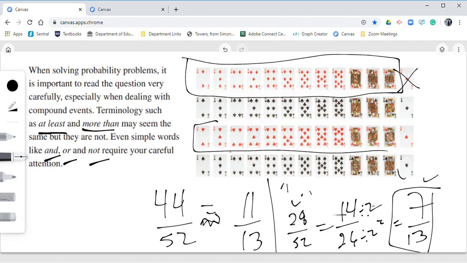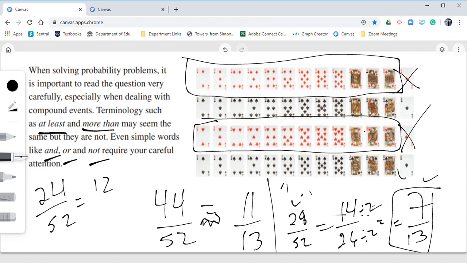These red cards, including the face or picture cards, but not that card there. So it's going to be 12 plus 12 is 24 of the 52 total cards. So again, 24 out of 52, we can divide the 24 by 2 to get 12, and we can divide 52 by 2 to get 26. We can simplify that further to be 6 out of 13.